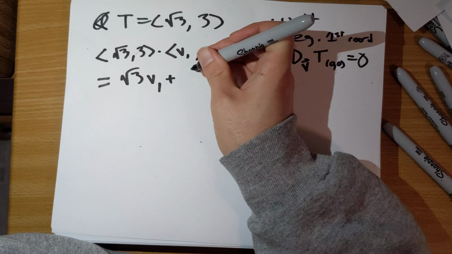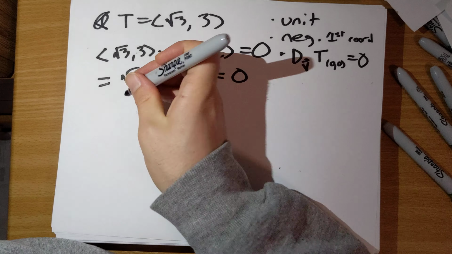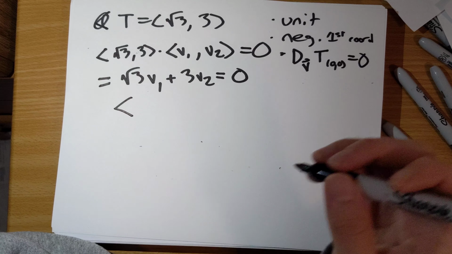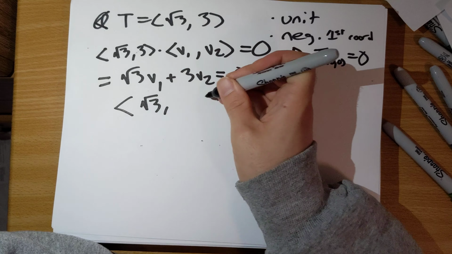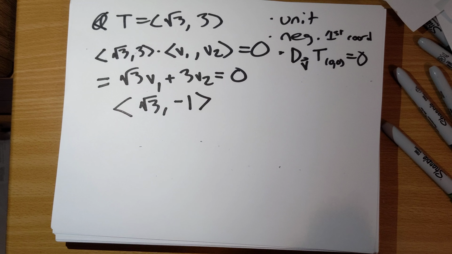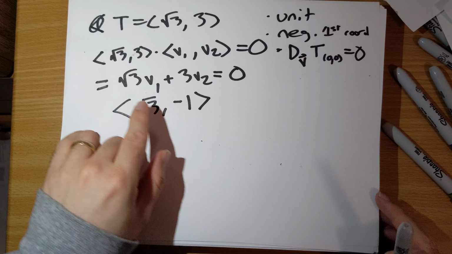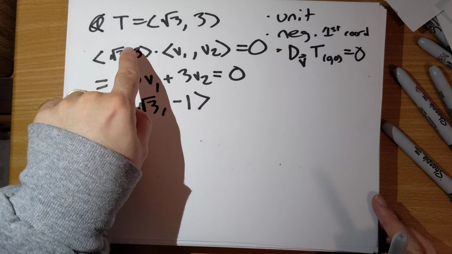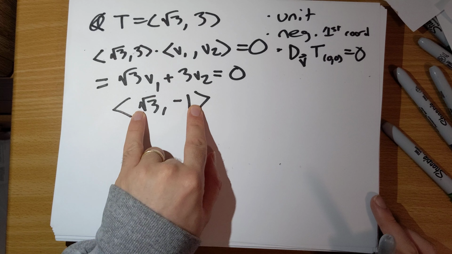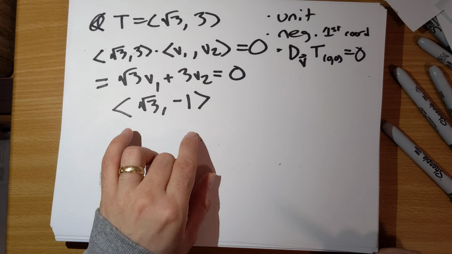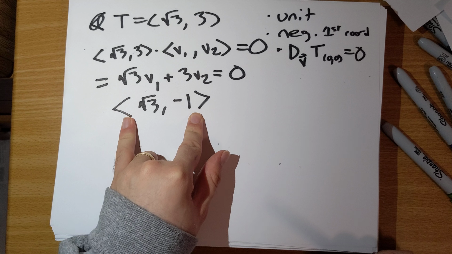So root 3 v1 plus 3 v2 is equal to 0. So here is a possible answer: v1 could be root 3 and v2 could be -1. So check for yourself that if you do this dot this, you get root 3 times root 3 is 3, plus 3 times -1 is 0. So this has the property that the directional derivative in the direction of this vector is 0.